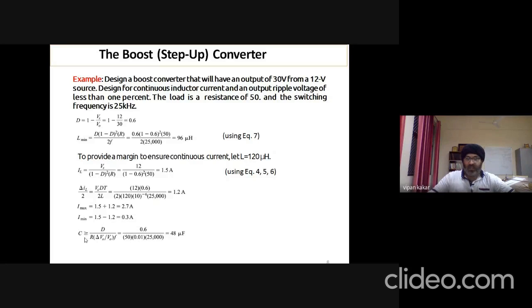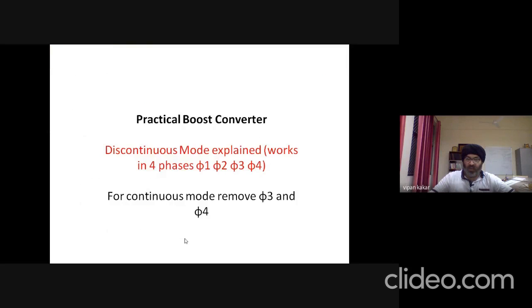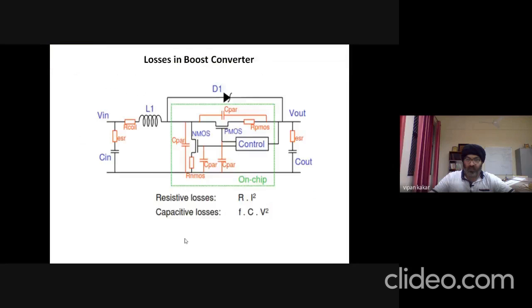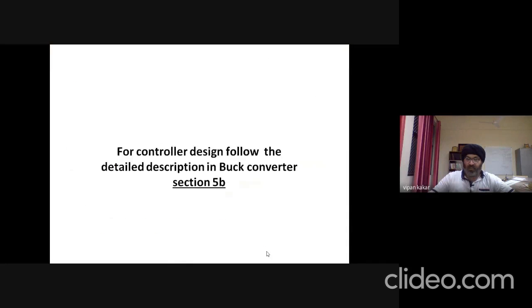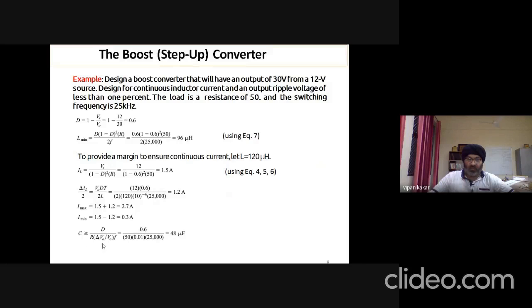So capacitance has to be greater than or equal to the value we saw in this equation, which shows the relation between ripple and the value of capacitance. The value of ripple given is 1%, less than 1%.